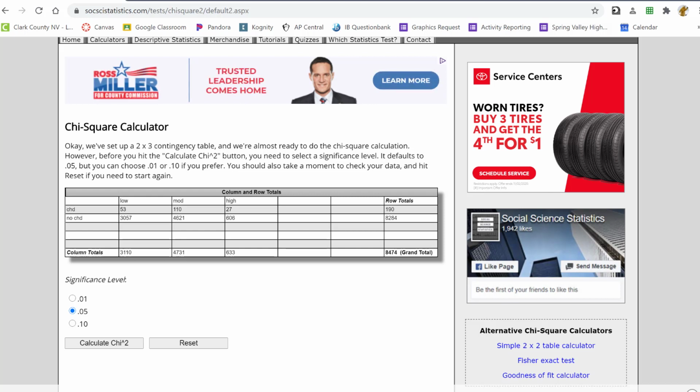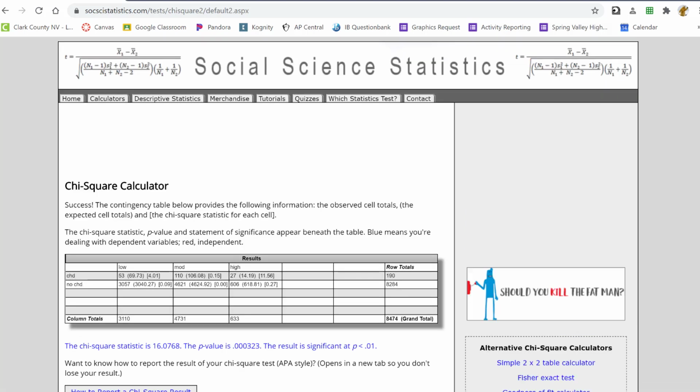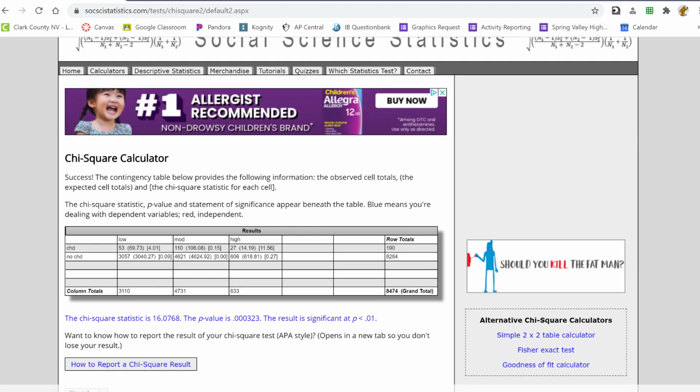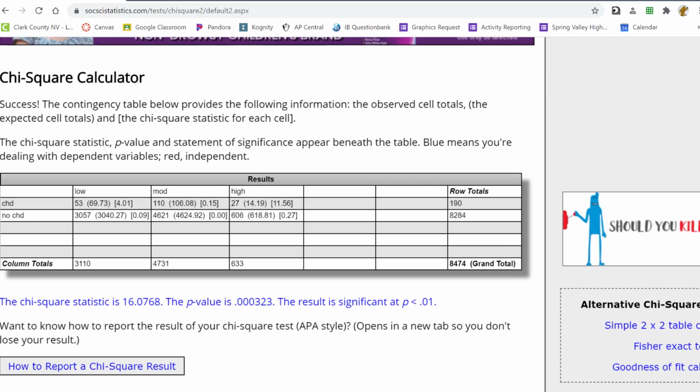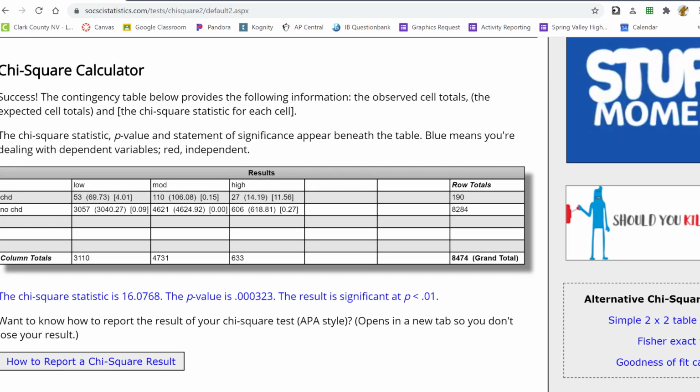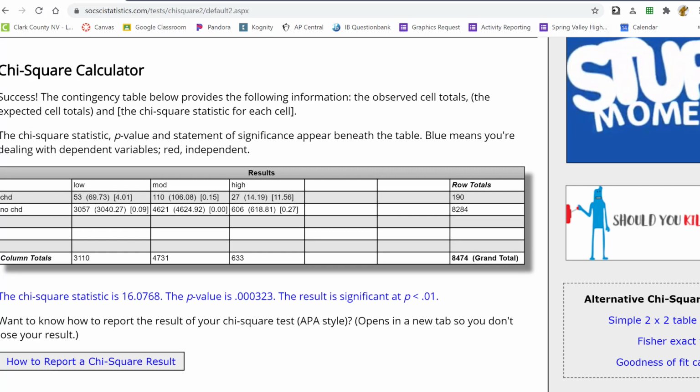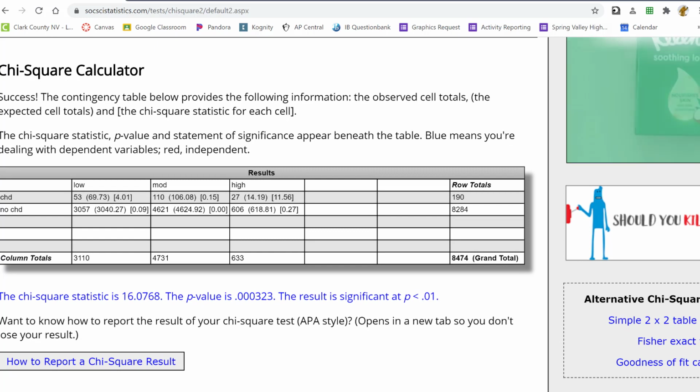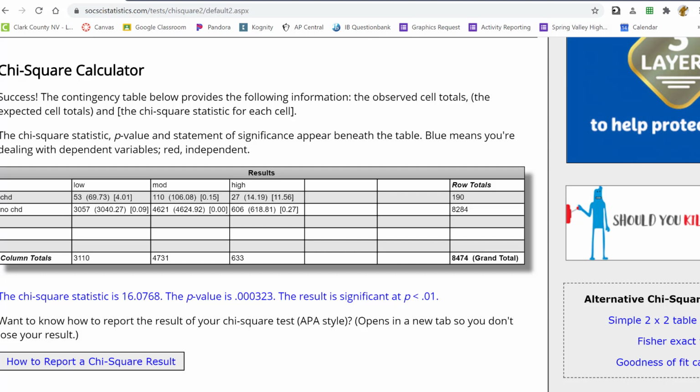So we'll go ahead and select the alpha equals 0.01, and we calculate the chi-squared test statistic. And here we see that it might be hard to see, so I'll zoom in a little bit, but you can now actually see that in the parentheses here, we are given the expected values, right?